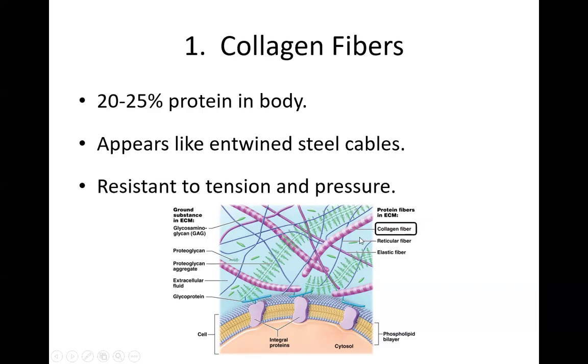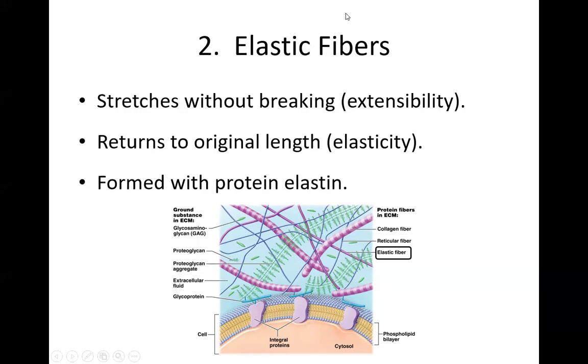You see the collagen fibers? They are like wires and steel cables that are intertwined, and they are resistant to tension and pressure. So they keep the tissue from being deformed and affected by the pressure.